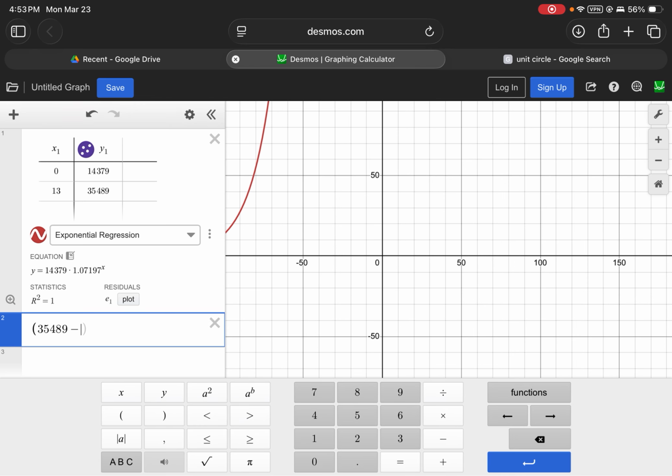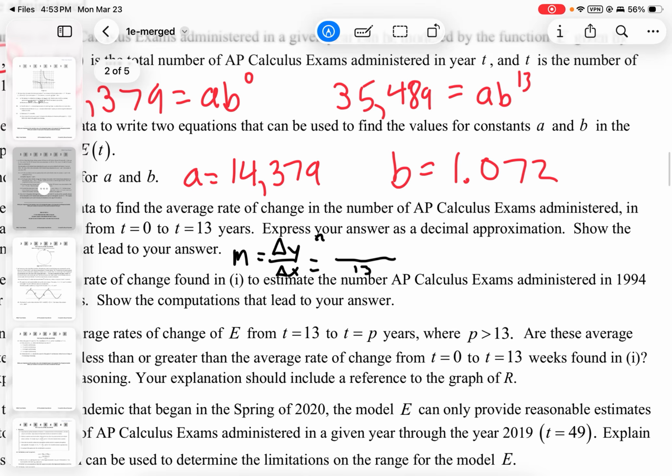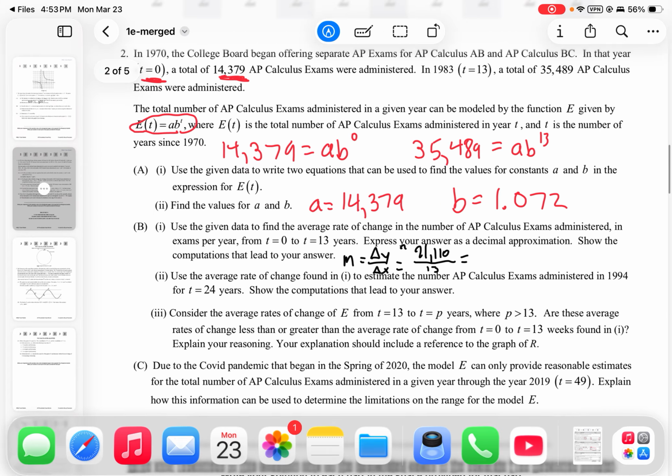35,489 minus 14,379. And if I close this, all right, so that's 21,110. I'll just write that right here. It says show the work, so I am going to show the steps here, 21,110. And then I'm going to divide that.